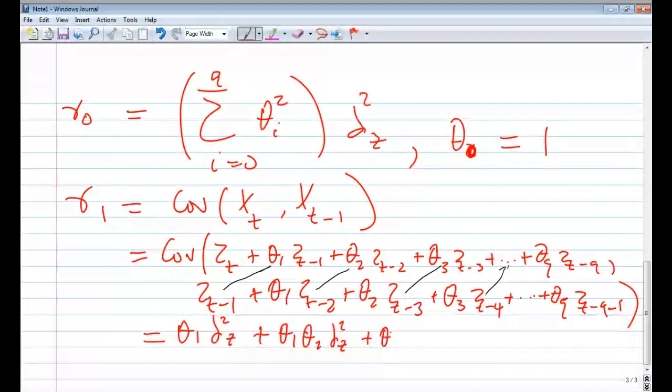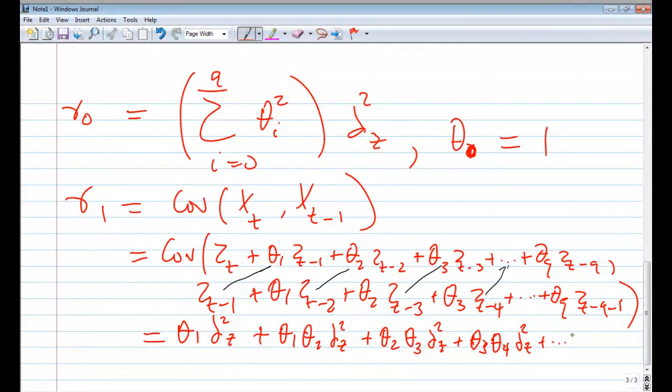Okay. So again, theta 3 and theta 4. So we're going to have theta 3 theta 4 sigma squared z.